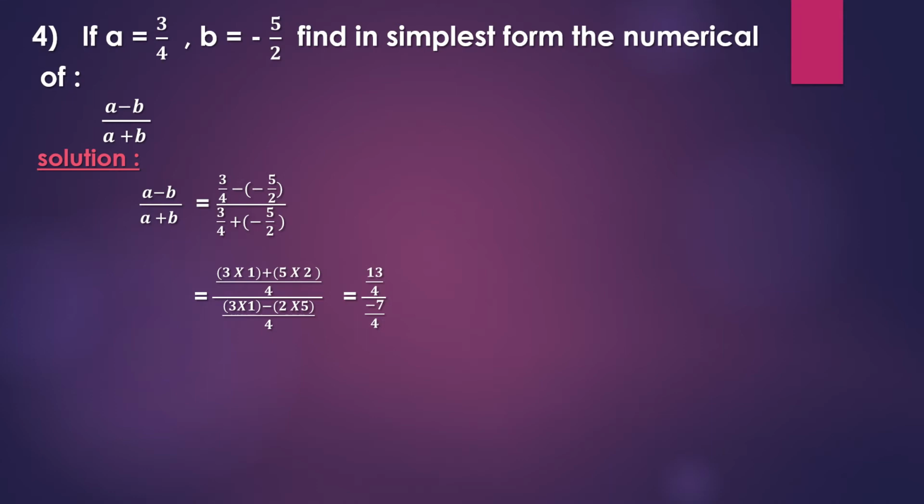It will be 3 times 1 plus 5 times 2 over 4, and this is all the numerator, over 3 times 1 minus 2 times 5 over 4, which is equal to 13 over 4 divided by negative 7 over 4. We convert the division operation to a multiplication operation to get 13 over 4 times 4 over negative 7, which is equal to negative 13 over 7 in the simplest form.